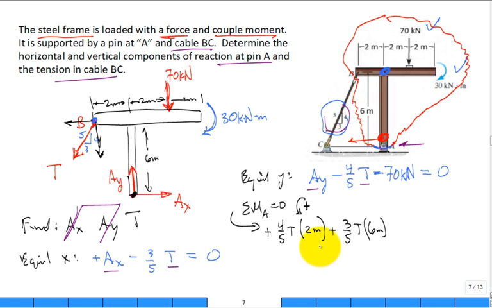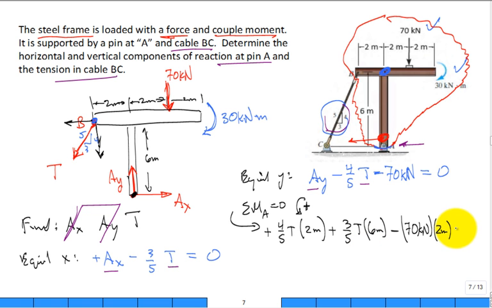All right. How about this 70 kilonewton load? What is its moment arm? 2 meters around point A. And will it give a positive or negative sense of rotation? Negative sense of rotation. And what about that 30 kilonewton meter? Couple moment.